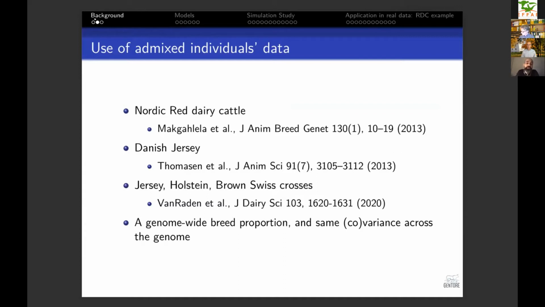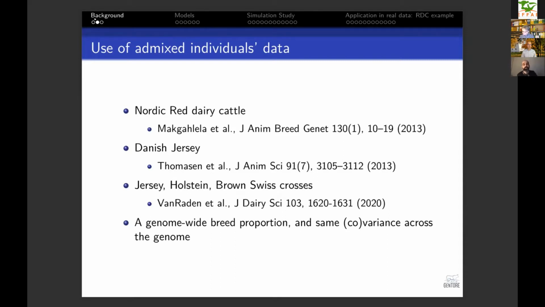It was also applied in Danish Jersey, but Danish Jersey is not a mixture of two breeds, it's more like a mixture of two populations, US Jersey and Danish Jersey. And there was not really an advantage of taking into account these breed proportions.